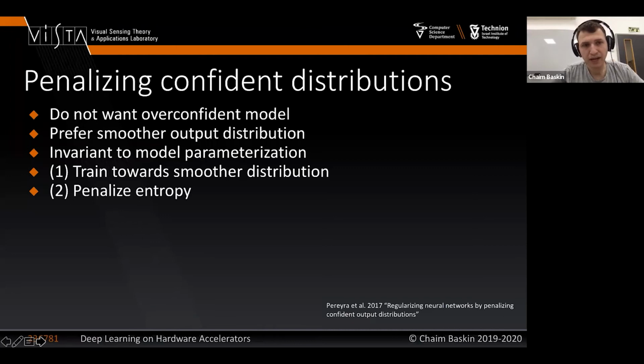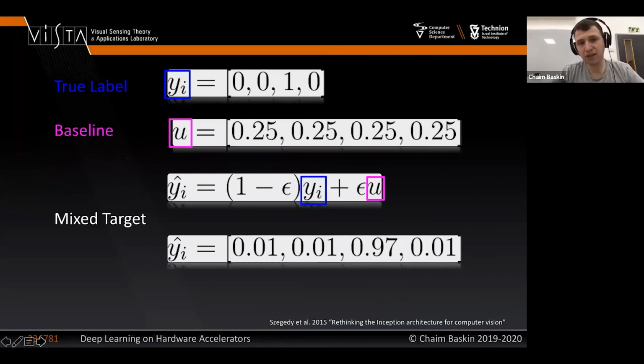Okay, so when we penalize the confidence distribution, we become invariant to model parameterization. Once we train towards a smoother distribution, we penalize by its entropy. Our true label is a one-hot vector.